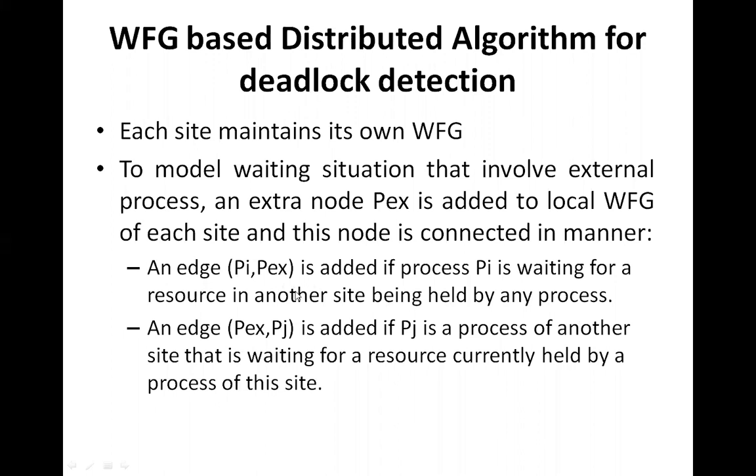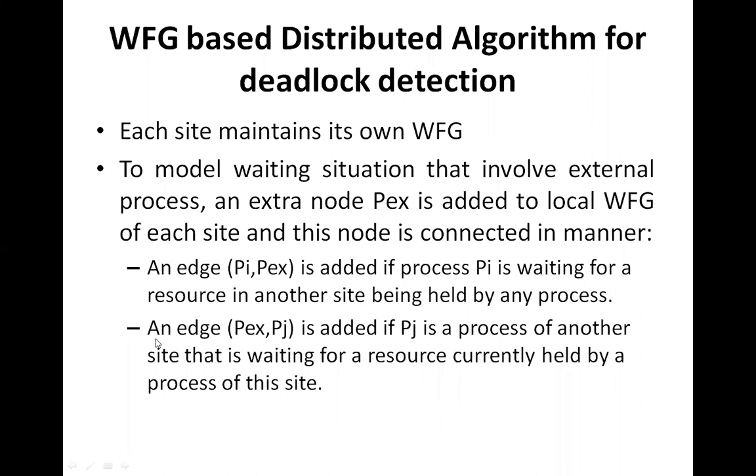The meaning is, if Pi is a process of a site, suppose S1, and it is waiting for a resource that belongs to another site, and at that site that resource is held by another process, then we put an edge Pi to PEX.